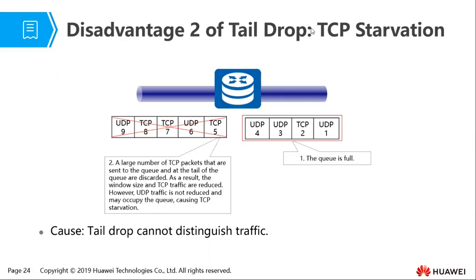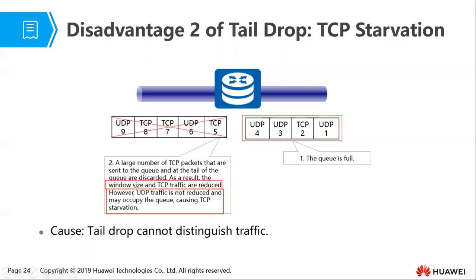So I hope you understand this: other than what I had said earlier, the real reason for starvation is this. When we have delays in the network, or when TCP packets are discarded, then the window size is going to be reduced.